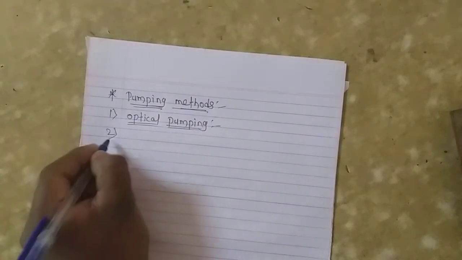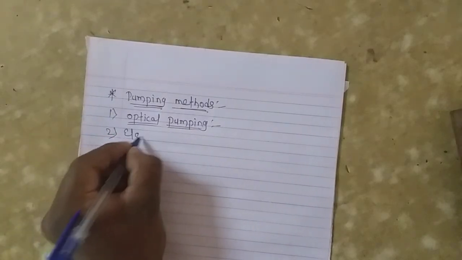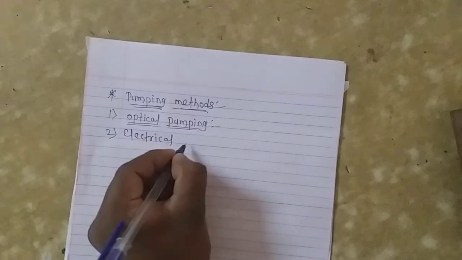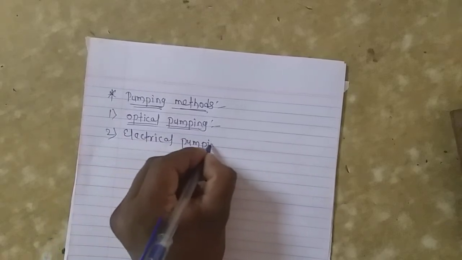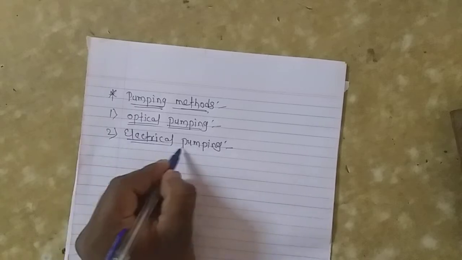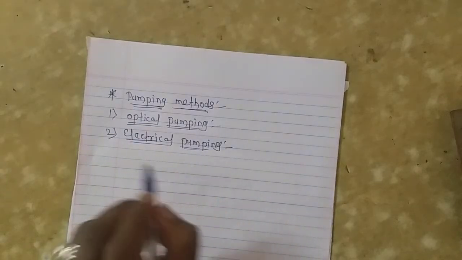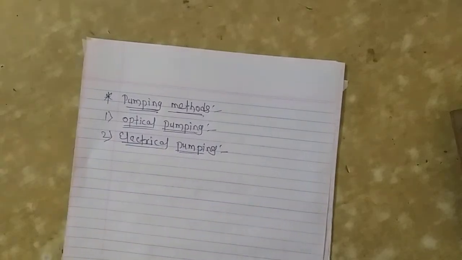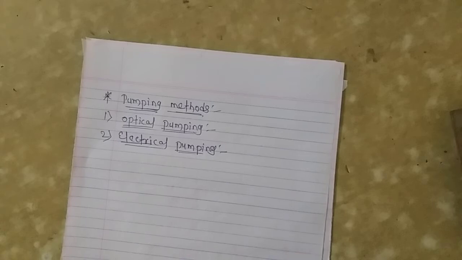Second is electrical pumping. Electrical pumping can be used in the case of laser material that conducts electricity, without damaging or destroying the lasing activity.